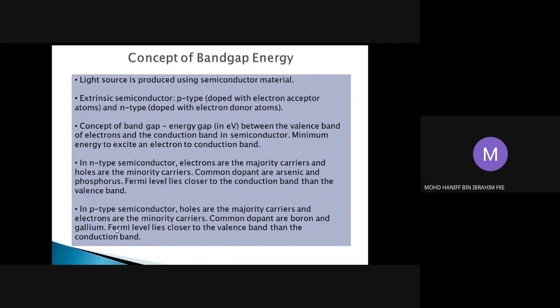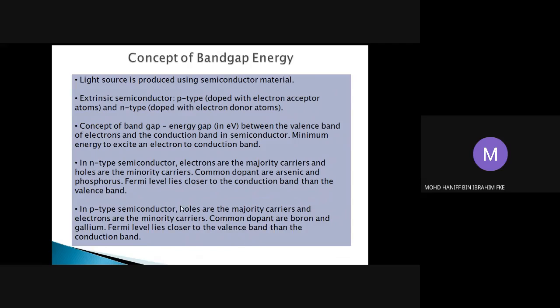For the p-type semiconductor, the Fermi level is closer to the valence band than the conduction band. That is why it is harder for the electrons to move to the conduction band, because the Fermi level for the p-type semiconductor is located closer to the valence band.